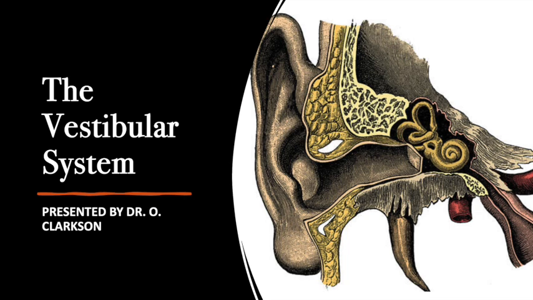Again, head tilt produces displacement similar to certain forms of acceleration. Now, there's going to be different types of effects. So there's transient hair bundle displacement. This is going to have to do with response to static tilting of the head.